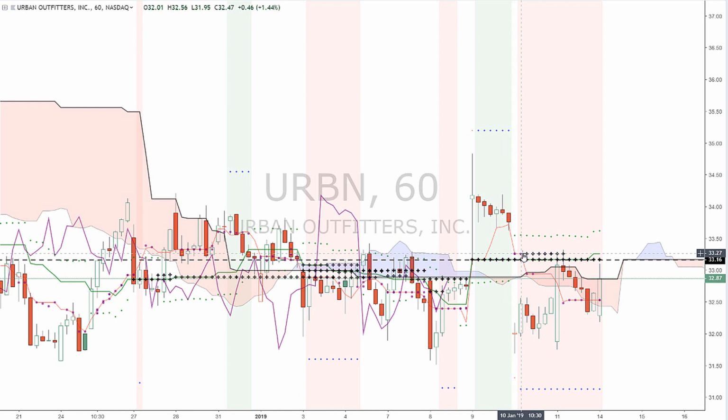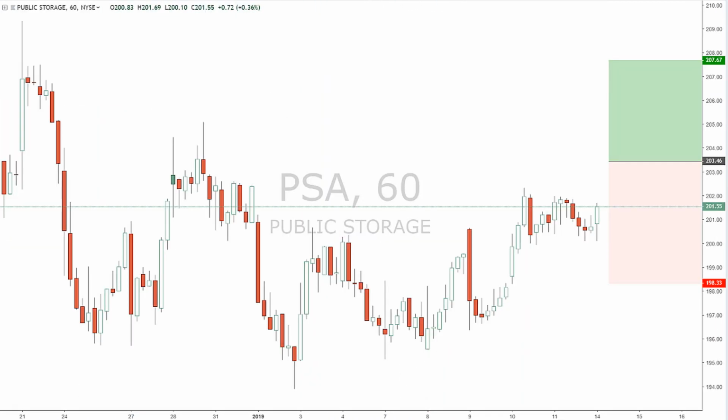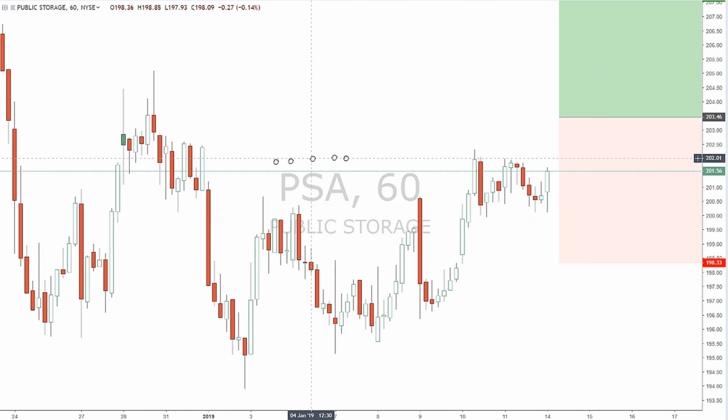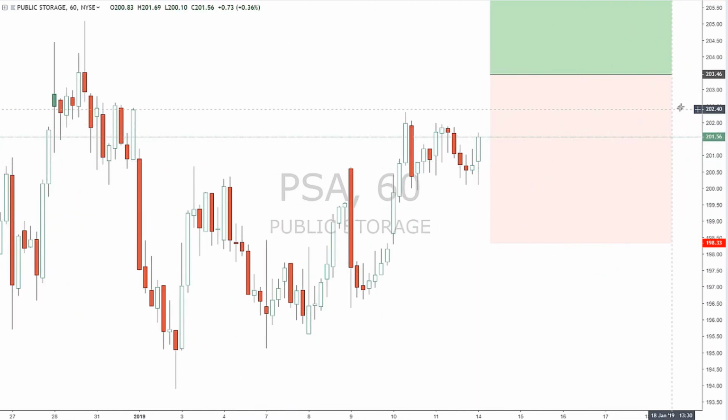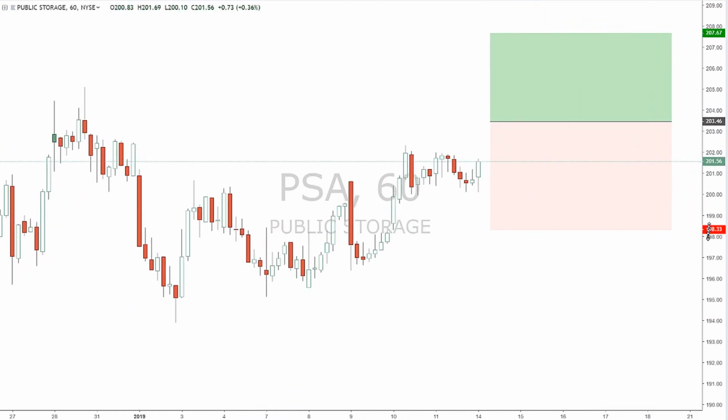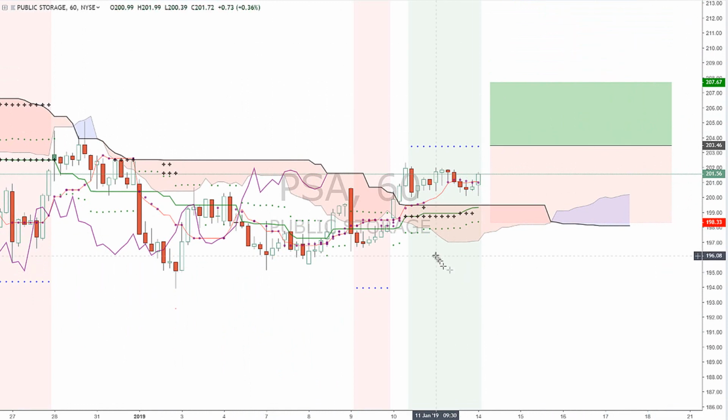That's not what you're looking for at all. The one we had, PSA, was the best type of scenario to look for, and that's the trade we want. If this bullish setup does not trigger at all, then we know it's going to consolidate, just like the Urban Outfitters that we just showed, where it's going to do red, green, and so forth. Those are trades you don't want to trade at all.